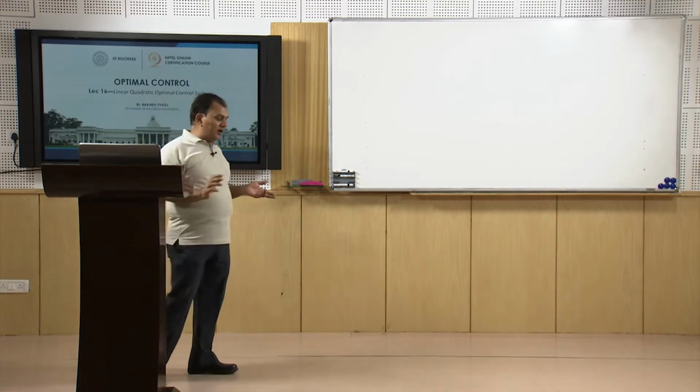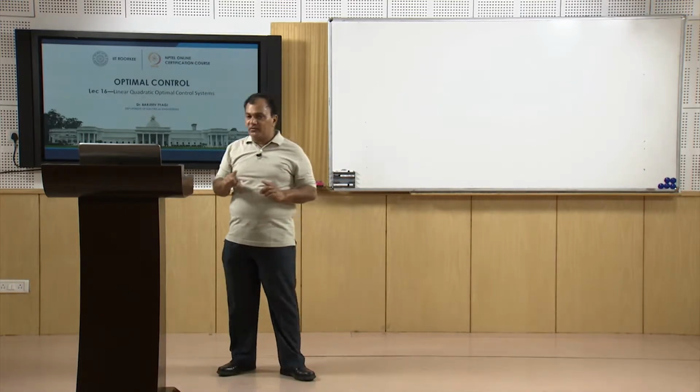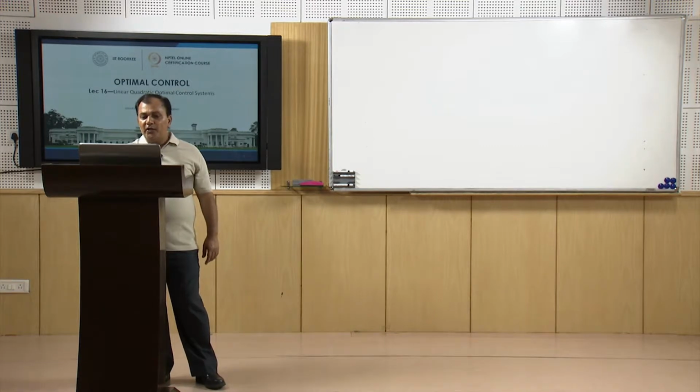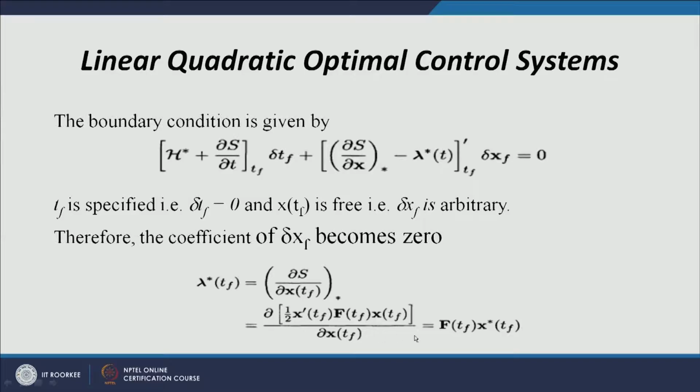Lambda is an unknown quantity, so we cannot directly feed back my system. To get the feedback, I have to relate my u with x. To develop the relation between lambda t and x t, we can take the intuition from lambda(tf) equal to F(tf) x(tf).